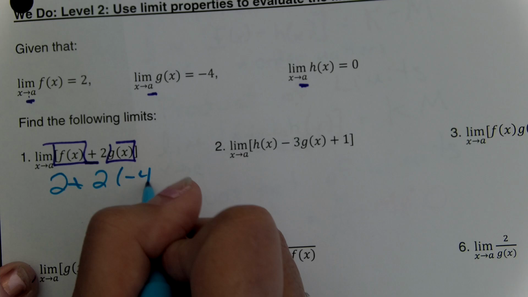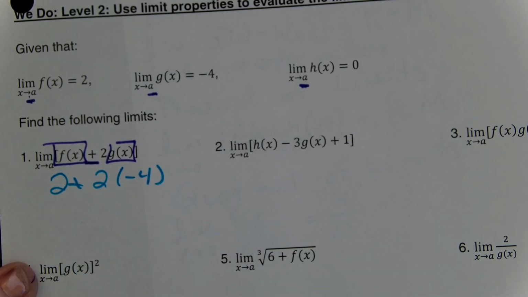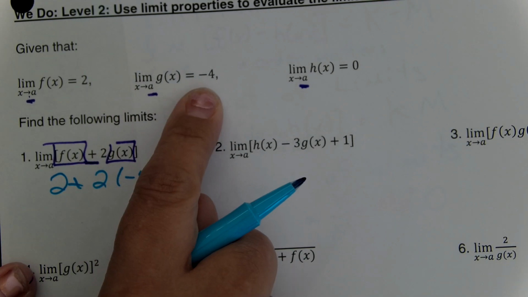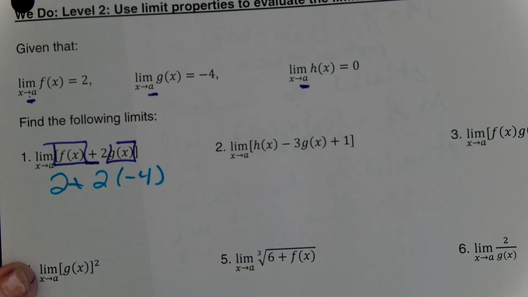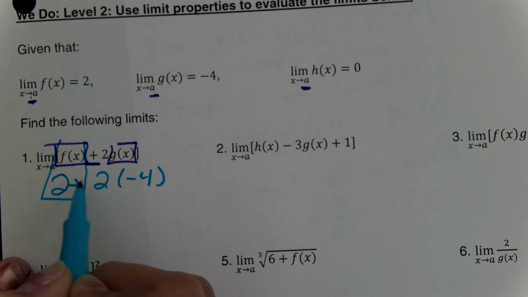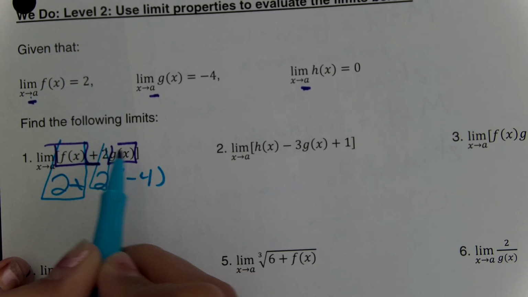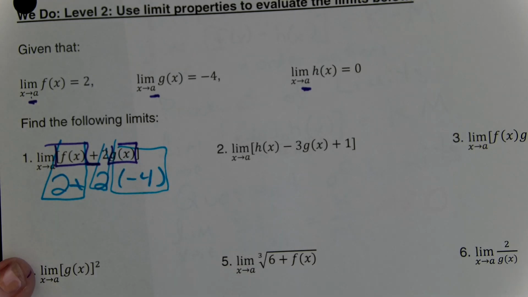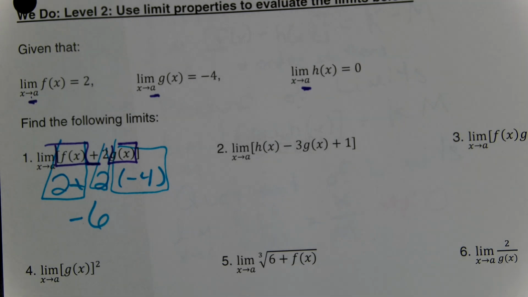Negative 4. Don't guess. So f of x is 2, then I have the plus sign, and then g of x is negative 4. I know that's negative 6. Questions? Are we sure?